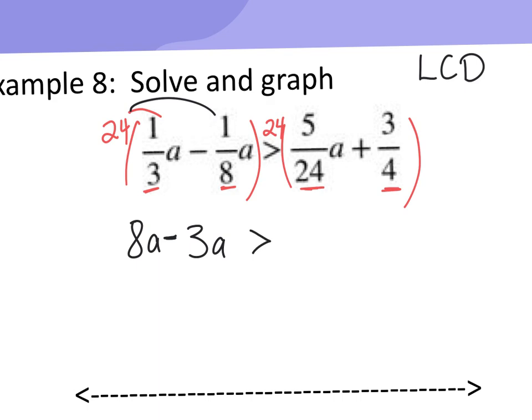Is greater than, good, 5a, so 24 times 5 divided by 24 is just 5. And then 24 times 3/4. 24 times 3 divided by 4, 18.